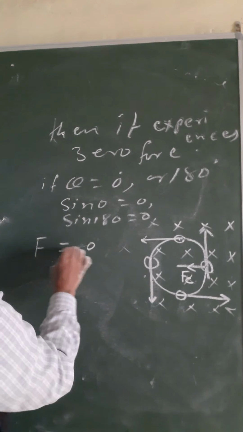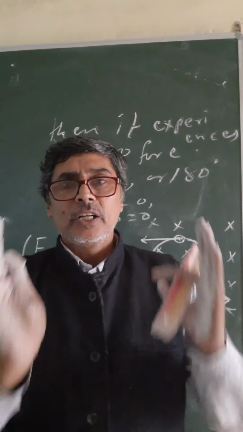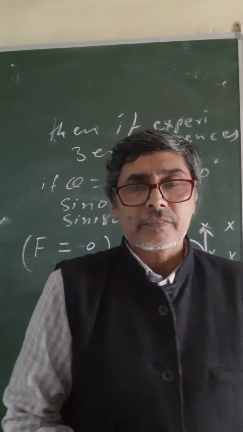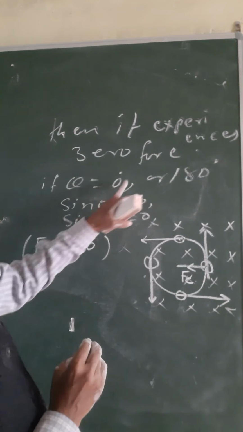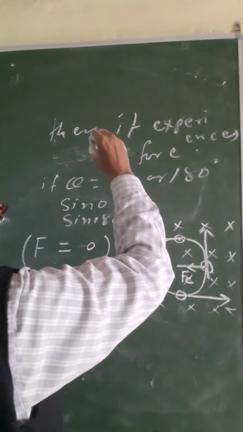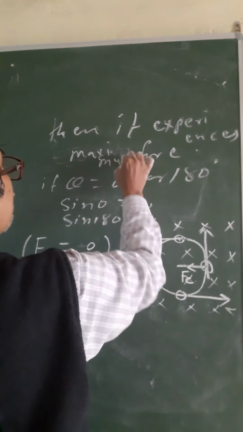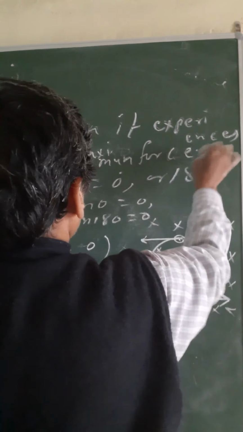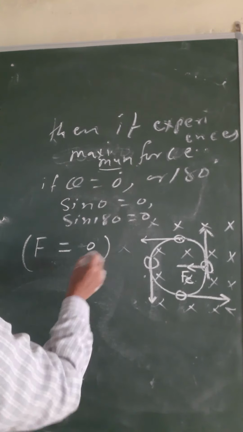So if a particle moves parallel or anti-parallel to the direction of the magnetic field, then it experiences zero force. The first case was the maximum force, and if theta is equal to 0 or 180 degrees, then the force will be 0.